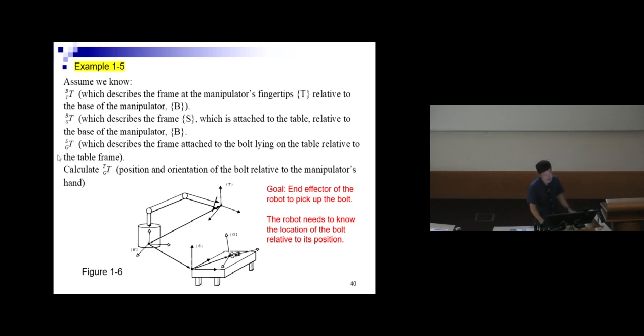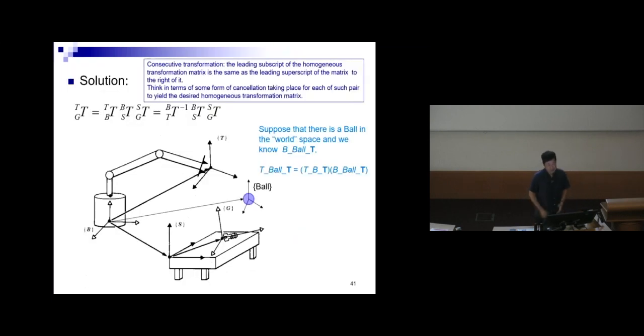What really matters here is you want to determine the frame G with respect to frame T, so that the T can go in and pick up the G. Your TGT is essentially the position and orientation of the board relative to the manipulator hand. So you use what we have learned previously, the consecutive transformation.